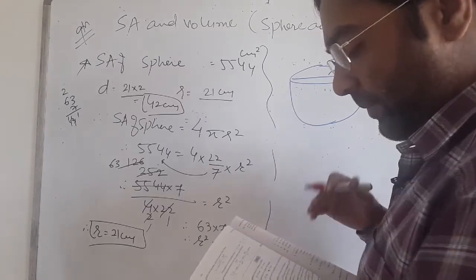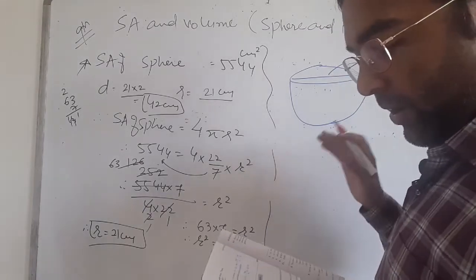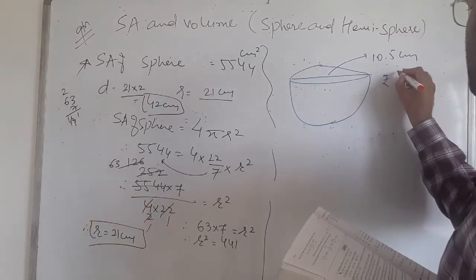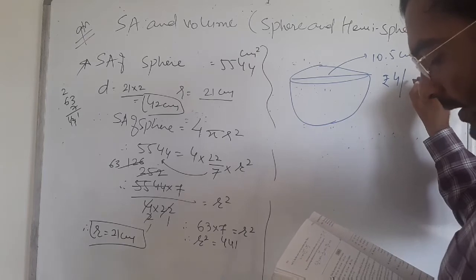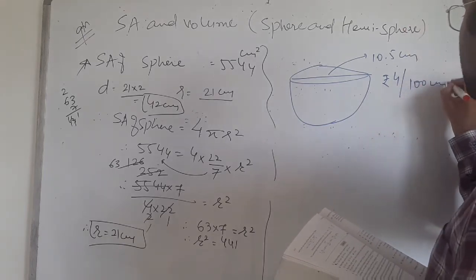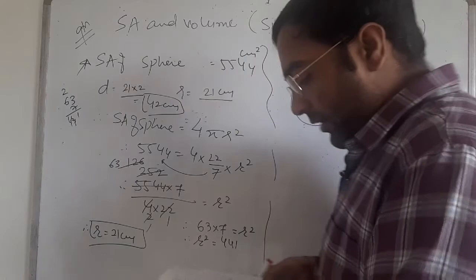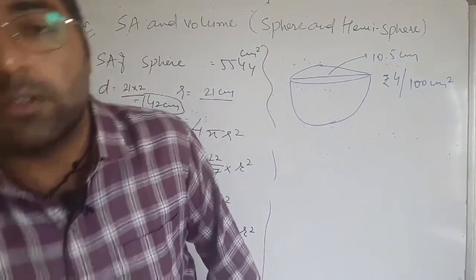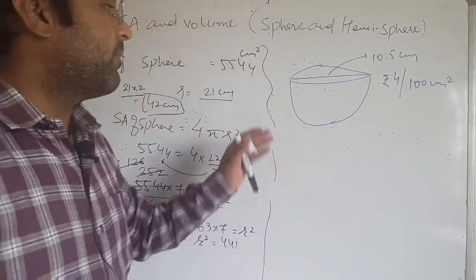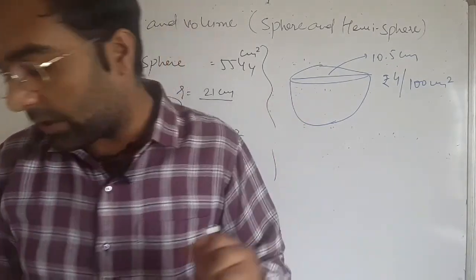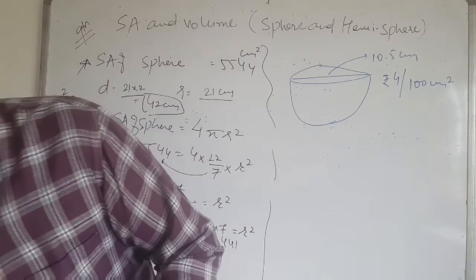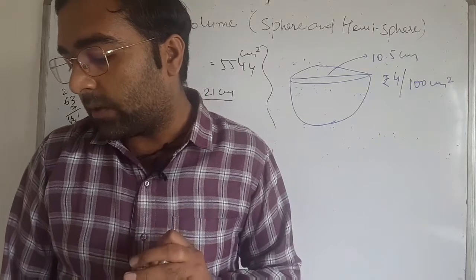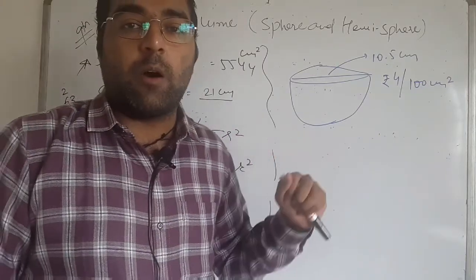And the cost of plating it on the inside is given at the rate of rupees 4 per 100 centimeter square. Then they said find the cost, how much money is required to plate the brass inside the bowl.